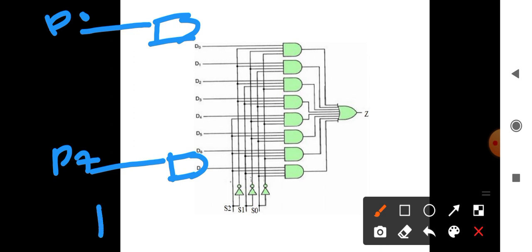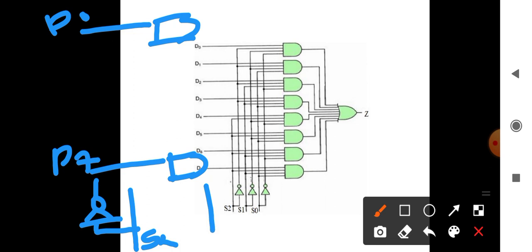So here we can have one NOT gate, here another NOT gate, and this S2, then S1, and we can have a NOT gate.